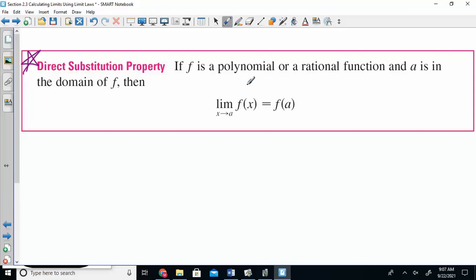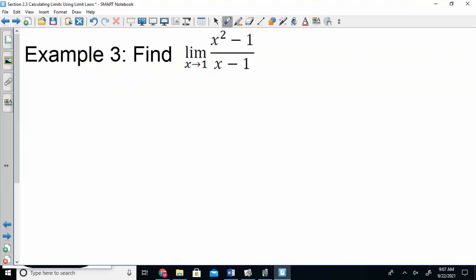If you have a polynomial or a rational function, so a polynomial or the division of polynomials, you can just plug in your number as long as it's in the domain, so as long as it's not going to make our problem undefined. So let's look at this one.